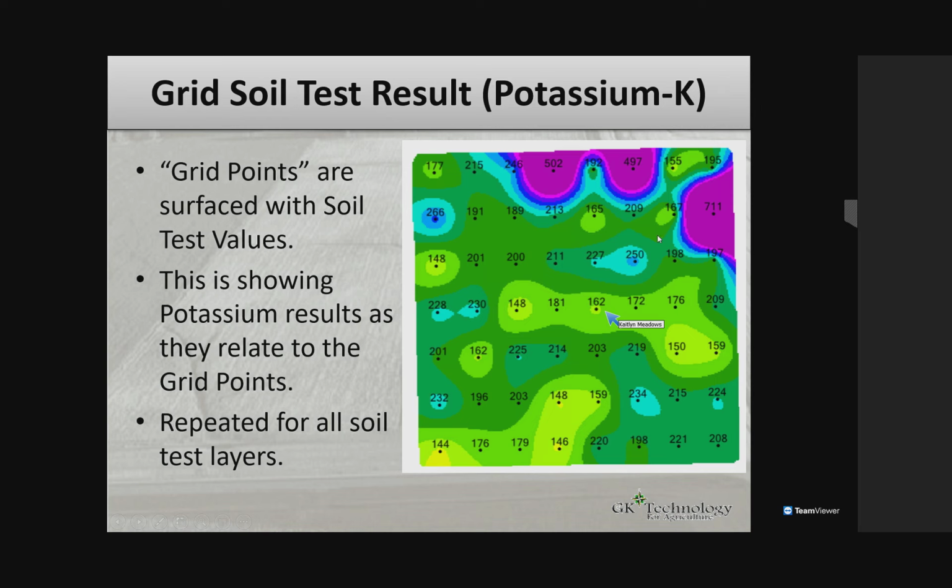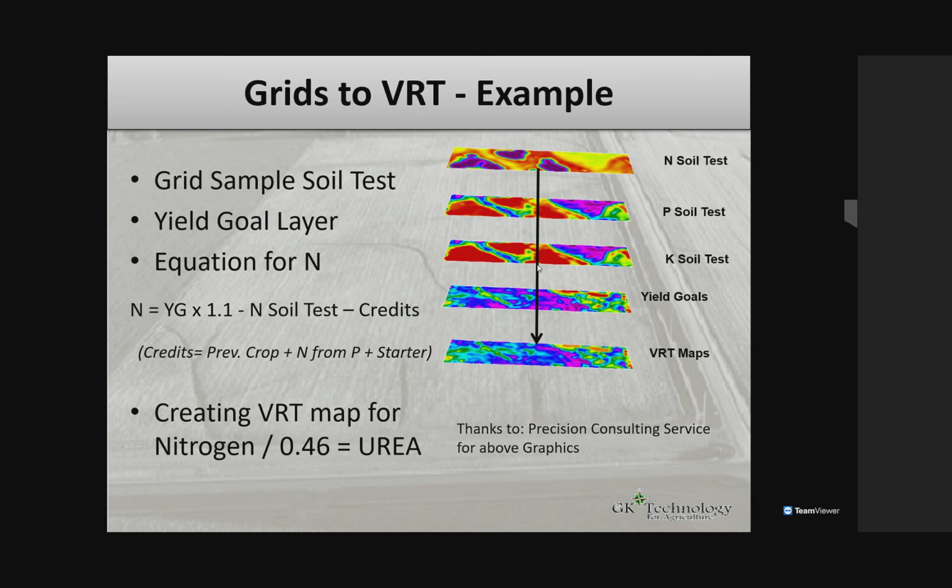Mind you, this was done several years after we had quit applying any fertilizer into those management zones. And by the way, the corn is getting better, but it's taking a long time to get there. So it is repeated for all layers.